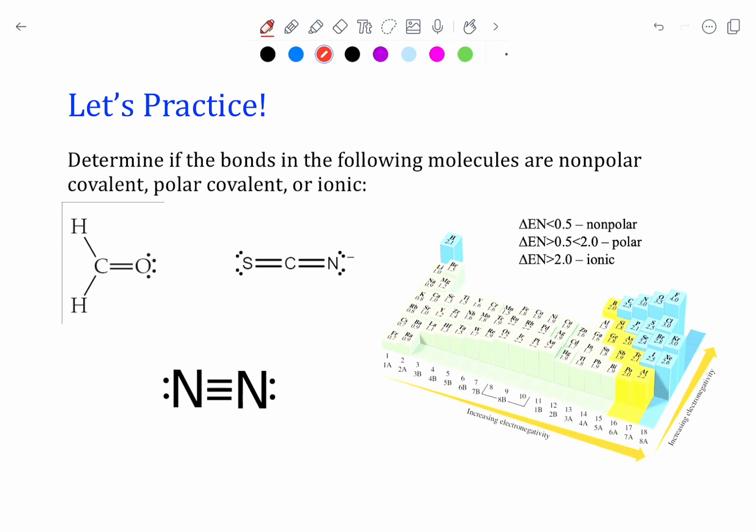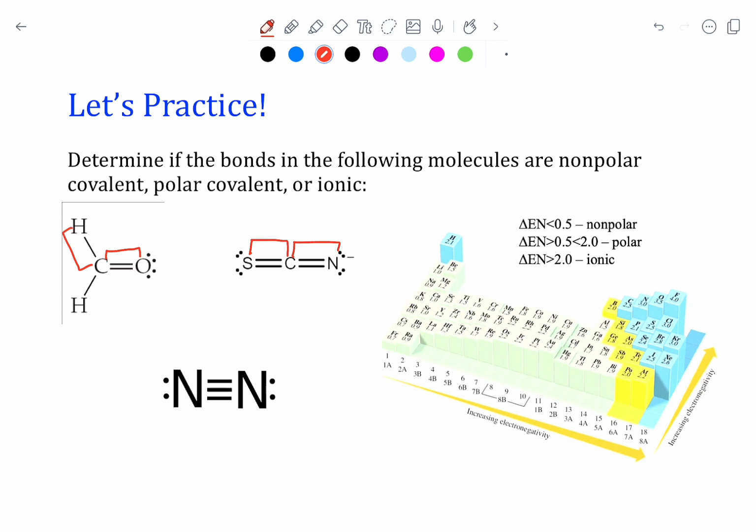Here we're going to look at, okay, what about the C-O bond? What about the C-H bond? What about the C-N bond? What about the C-S bond? We have to look at all of those electronegativity differences to determine if those bonds are polar or nonpolar. And we may see that in some molecules we can have both polar and nonpolar bonds.